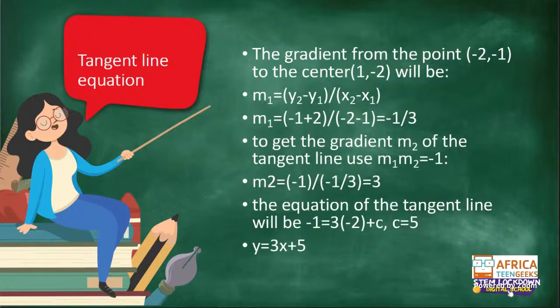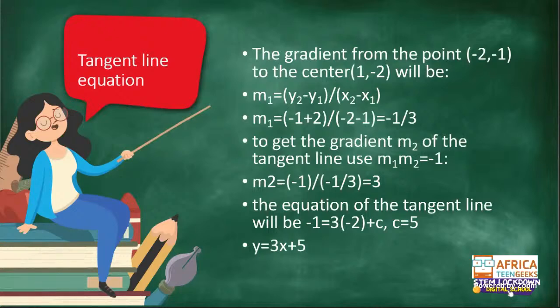Therefore, your M1 here will be minus 1 plus 2 divided by minus 2 minus 1. Therefore, you have the gradient of the distance between the point and the center here, which will be equal to -1/3.